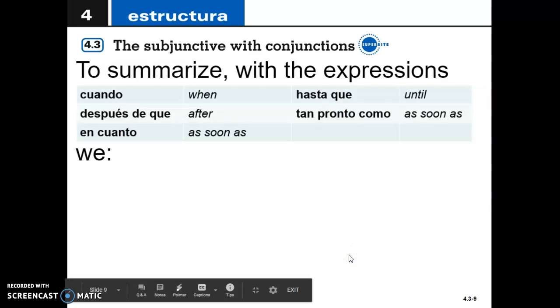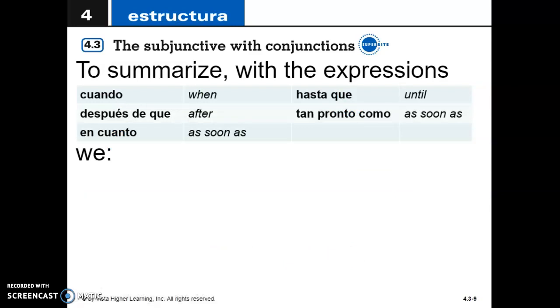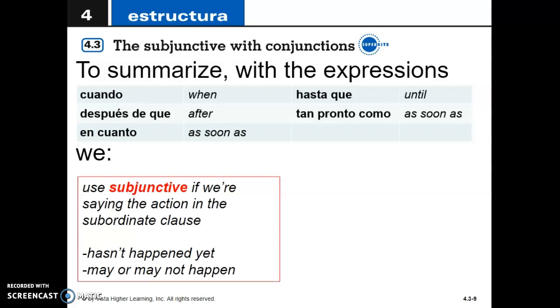All right, to summarize, with these special 5 conjunctions, we use a subjunctive if we're saying the action in the subordinate clause hasn't happened yet or may not happen. That doubt element. If I were you, I'd write doubt, uncertainty somewhere over there too, because it's just not sure.